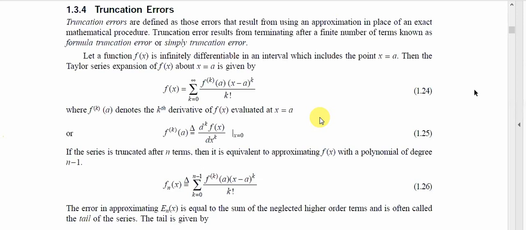For example, we consider the example of Taylor series expansion. How many terms does the Taylor series expansion have? Infinite number of terms. So evaluating the infinite number of terms is very difficult. Even if we evaluate 100 terms, it will take much time.